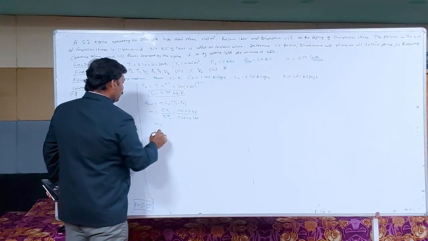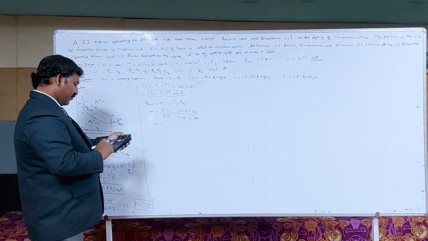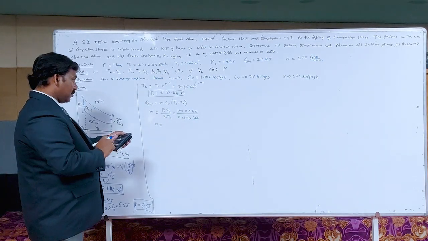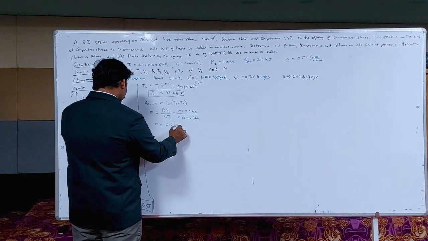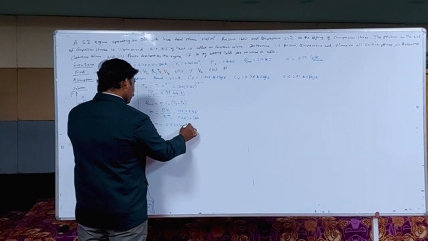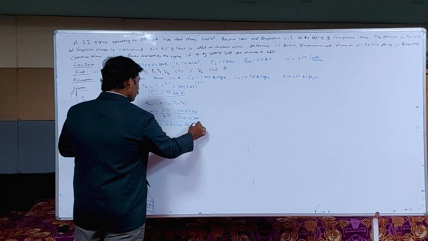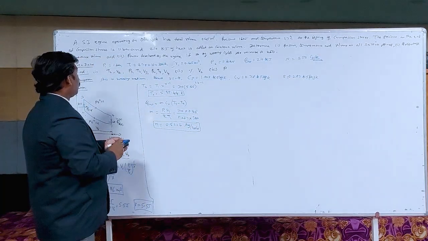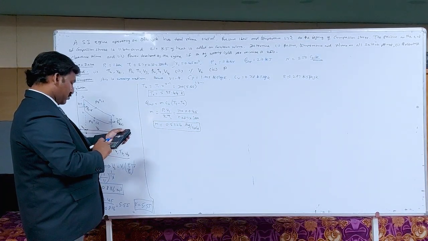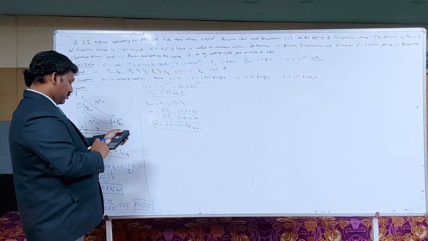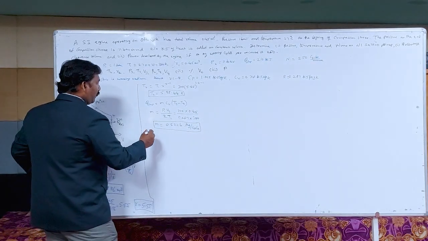So the mass of air handled is 100 into 0.45 divided by 0.287 divided by 300, which is 0.5226 kilogram of air per cycle.